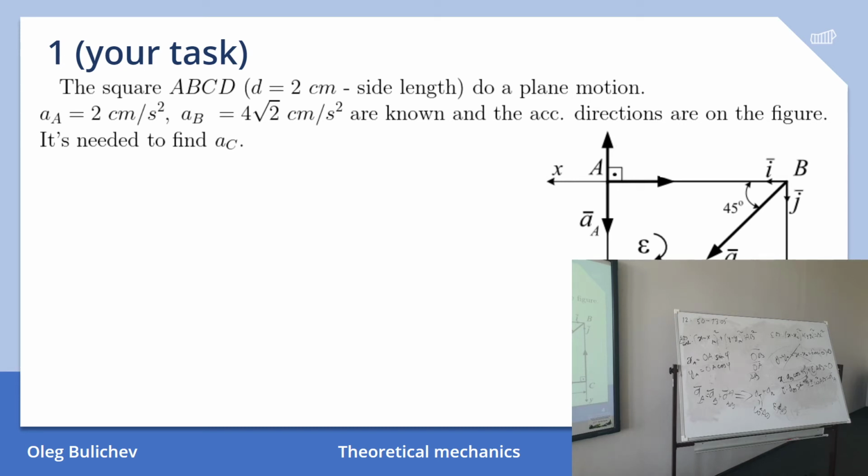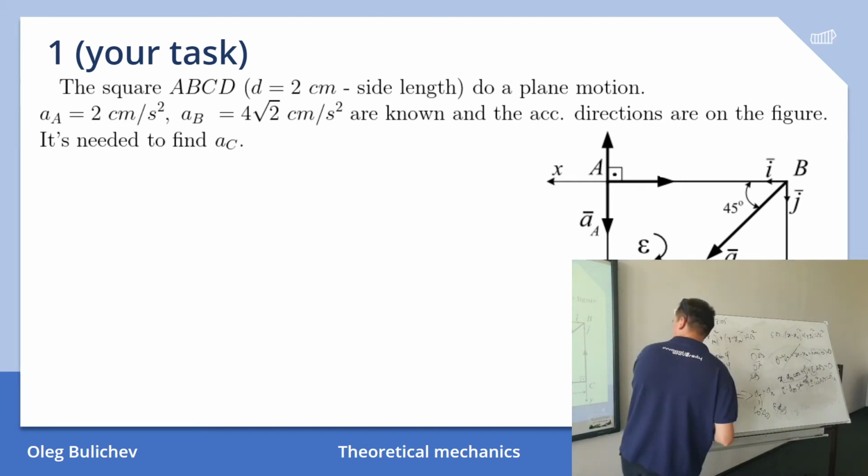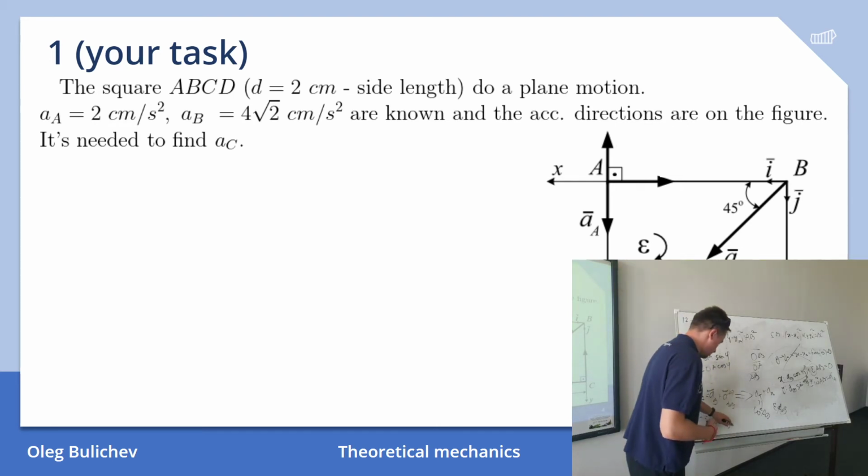The next step is Tanya. You know rigid bodies already. Find the radii. Actually, yes, we can just write AC equals AB plus ABC.